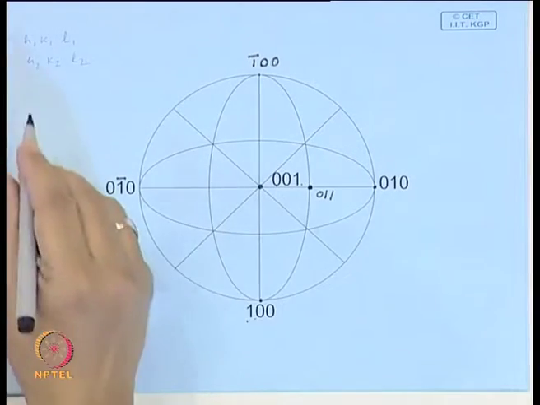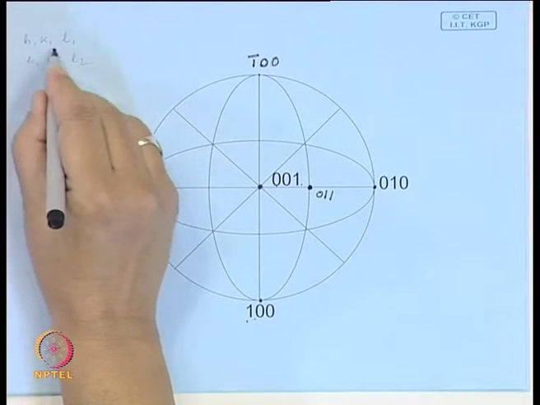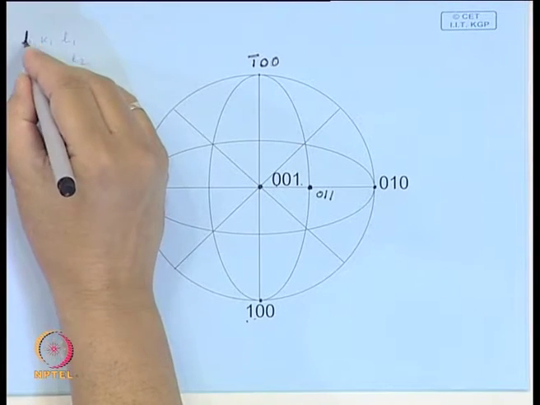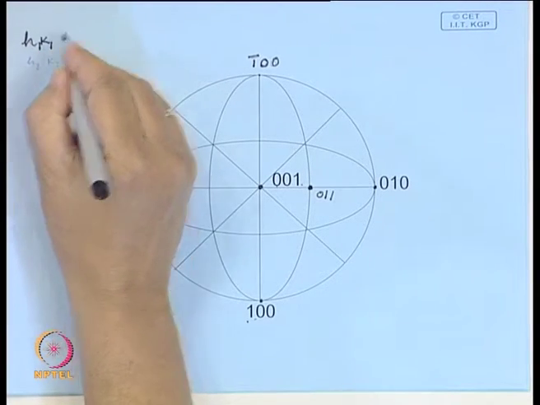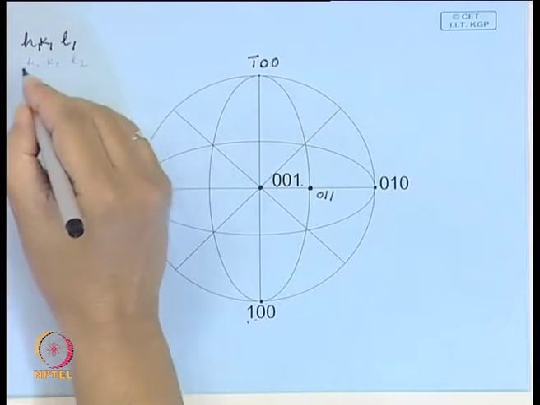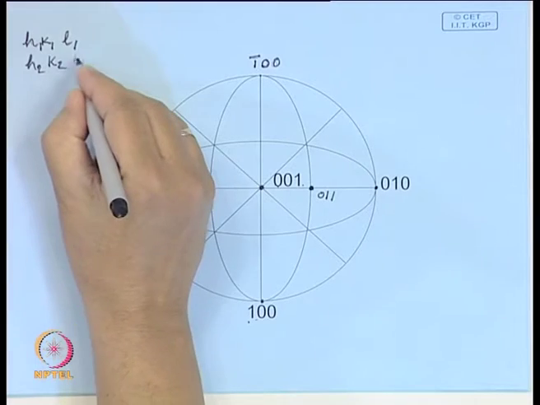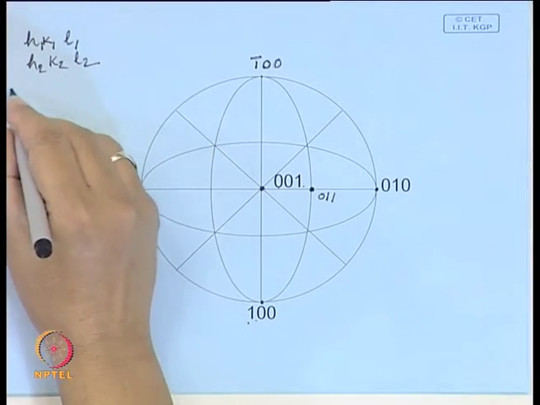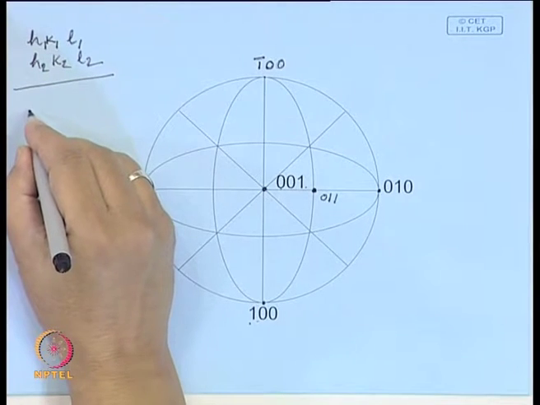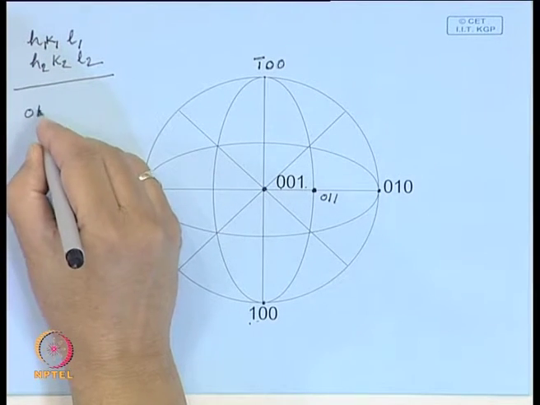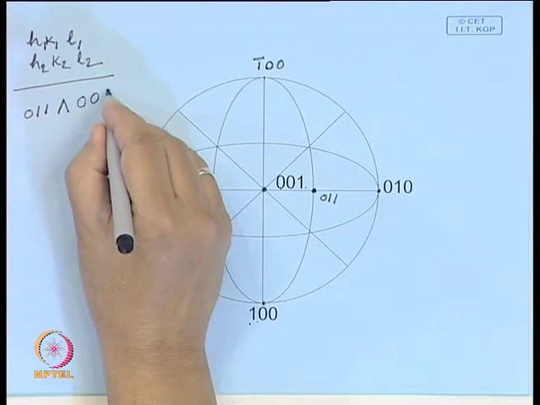Now, if we recollect the relationship between two planes of indices h1 k1 L1 and h2 k2 L2, we can find out the angle between 0 1 1 and 0 0 1.